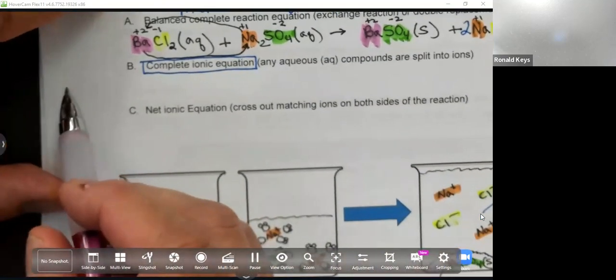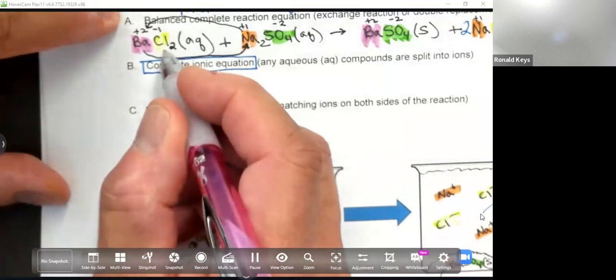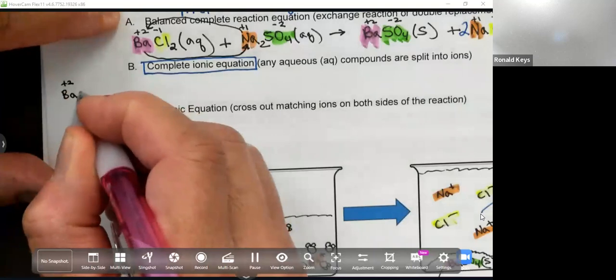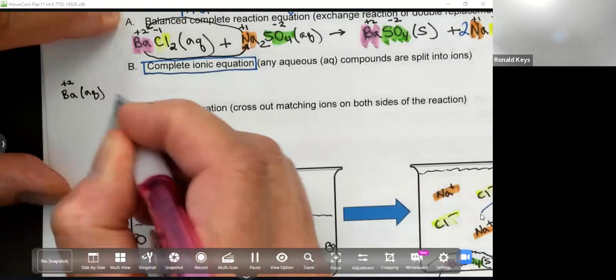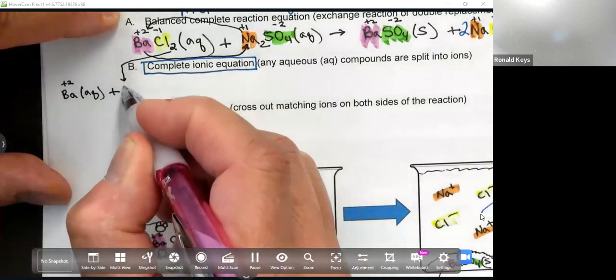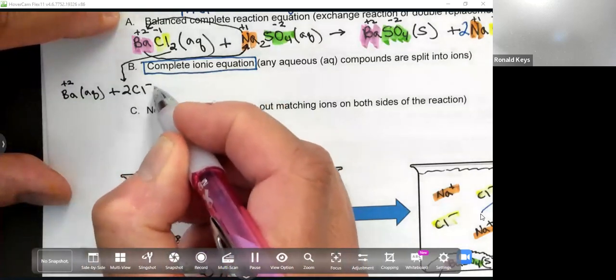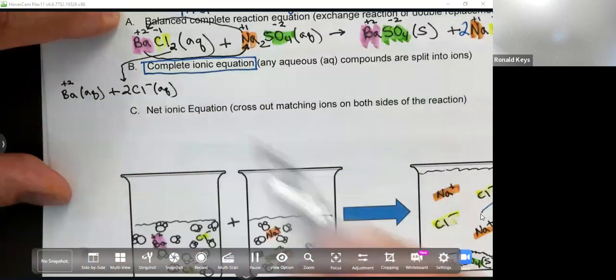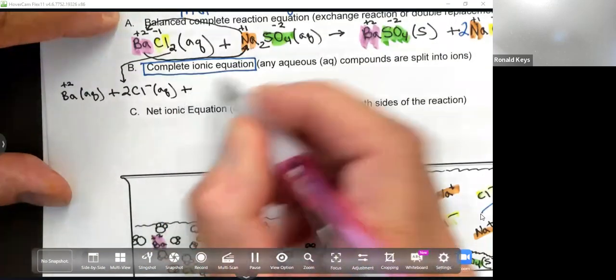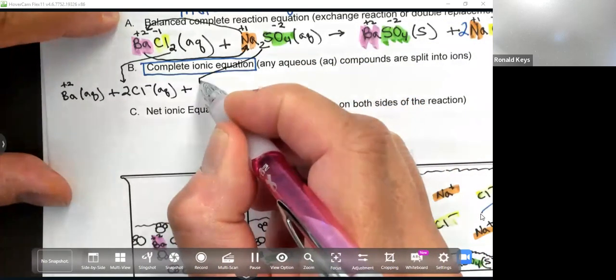I'm going way over to the left. When this splits up, we are going to get 2 bariums. We have to put AQ for aqueous. We get 2 chlorides. We get 2 sodiums.